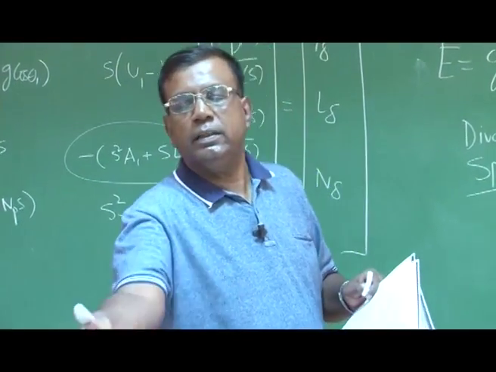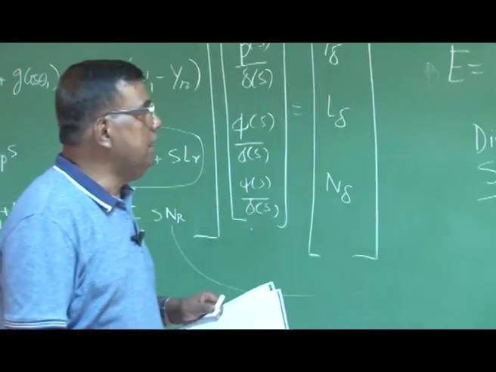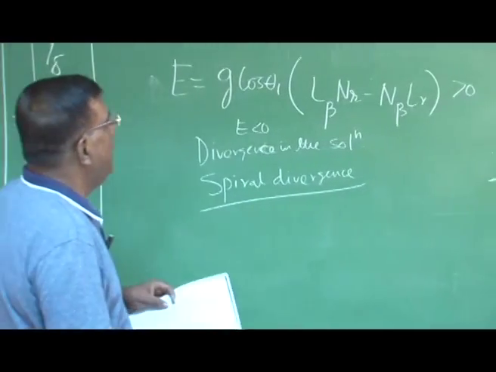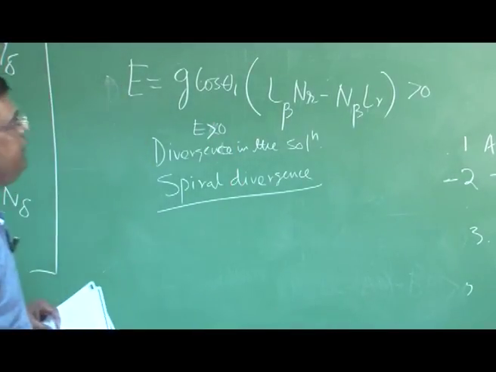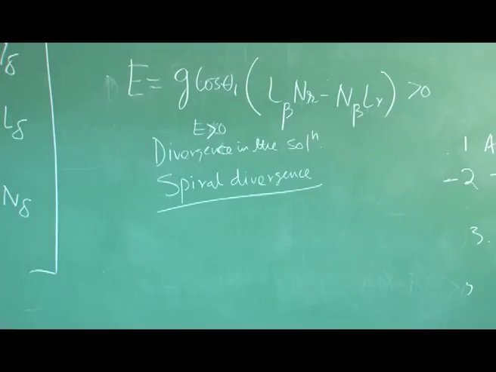So it goes like this, until you ensure that E is greater than 0. If E is greater than 0, then you avoid spiral divergence.